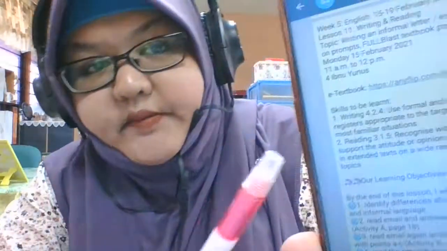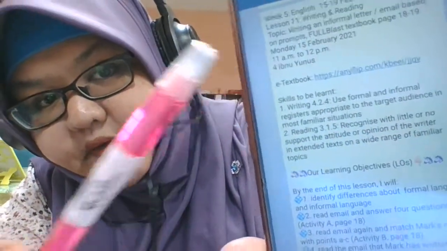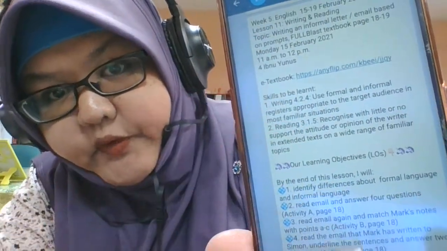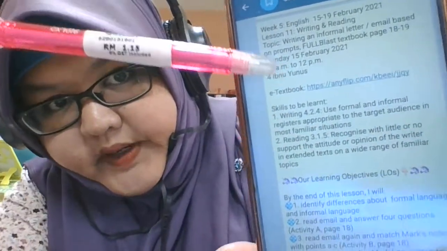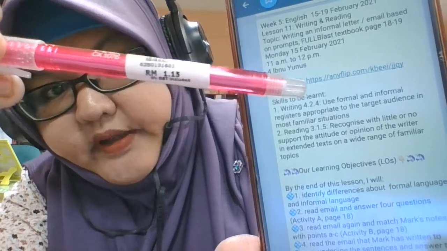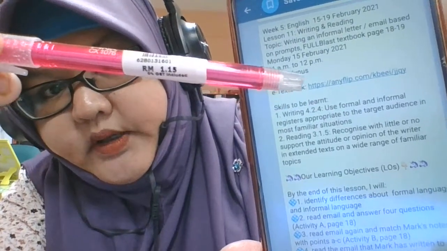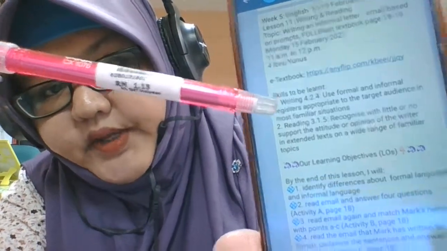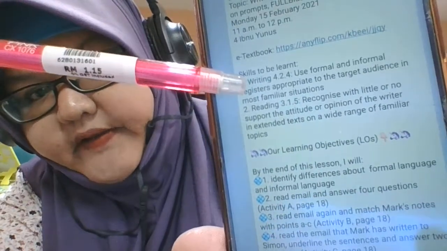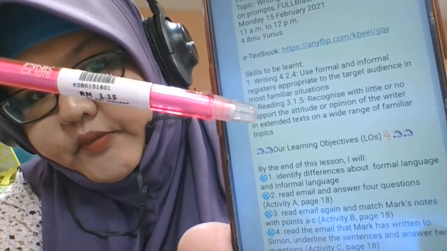So for today, it is Monday, week 5. For our learning objectives, you can refer to our Telegram group. For week 5, the textbook link is here, and the skills that we are learning today are writing and also reading.